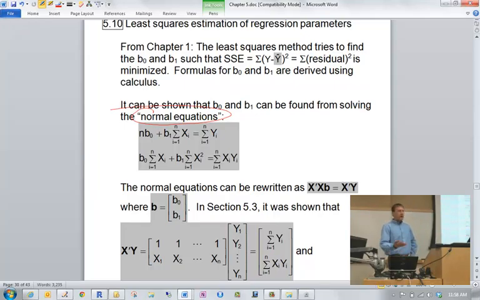It's just a system of equations that one can use to find what B0 and B1 are. These equations come about through using some calculus, through minimizing the sum of squared errors. I'm not going to ask you a question about normal equations ever on a test or a project. I just want to bring up this terminology because you may run into it someplace else.